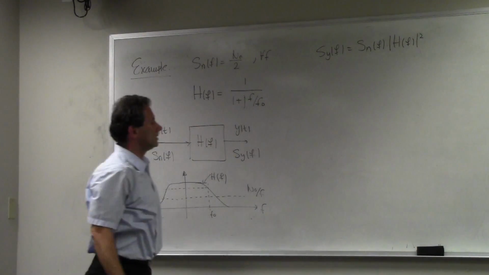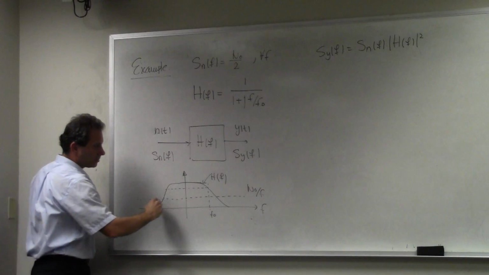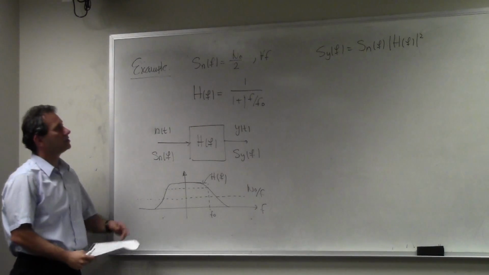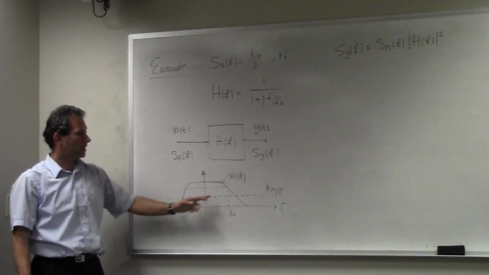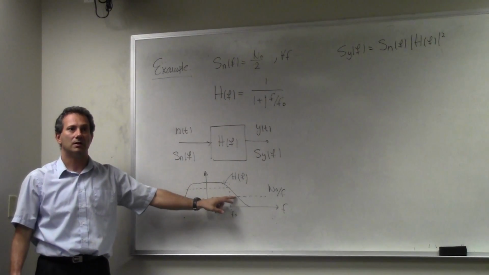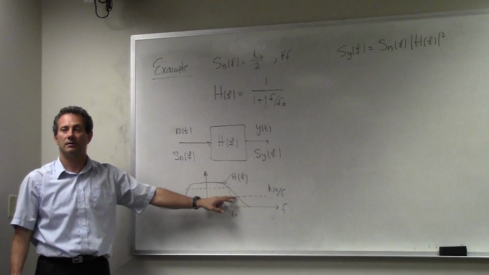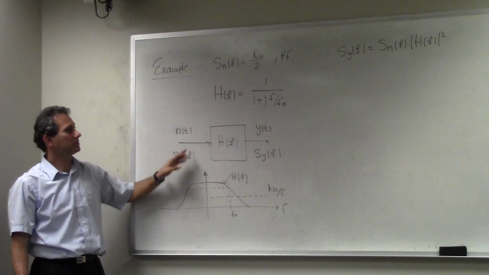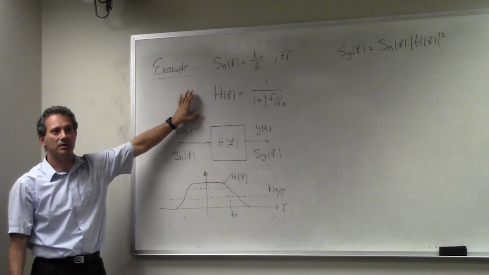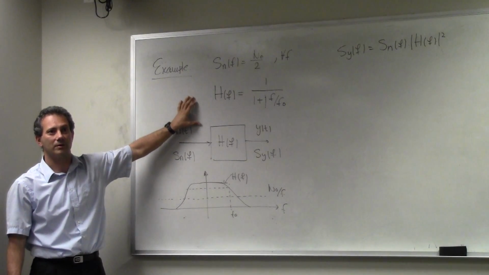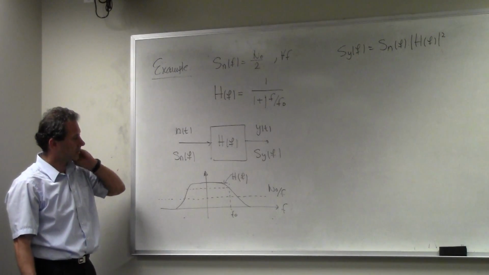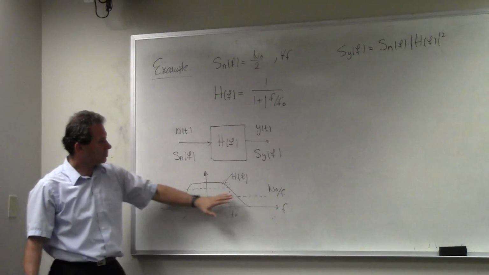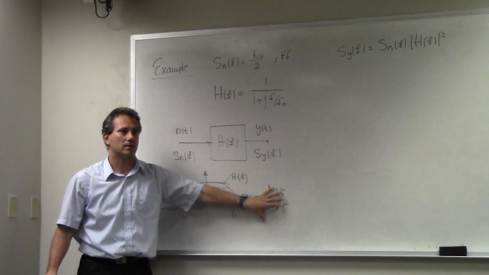So here's what is happening here. You have all of this power of the input. How large is the power of the input signal? It's the area under the curve of the power spectral density of the input signal. How large is that area? Infinite, right? So this white noise, there's something fishy about it. It has an infinite power, but I'll explain that at some point later in the course. But the input signal has an infinite power.